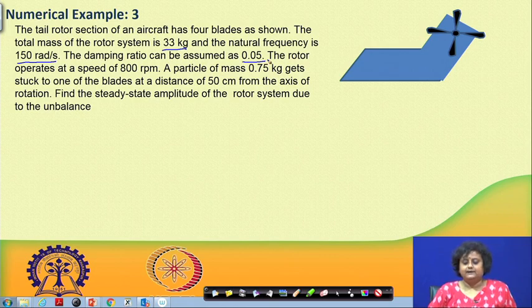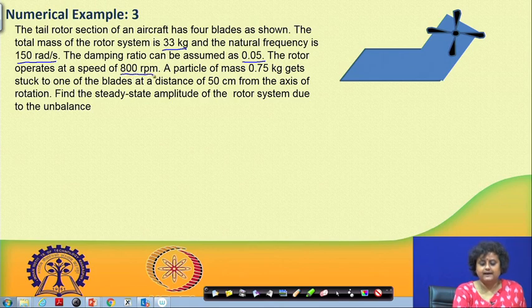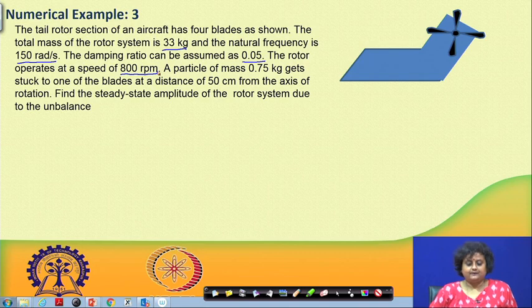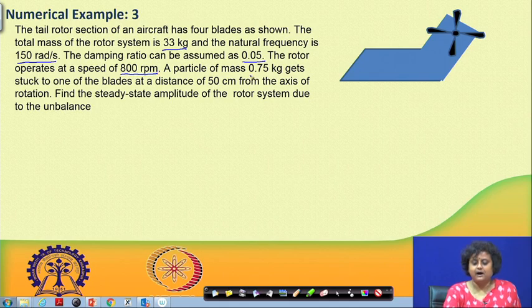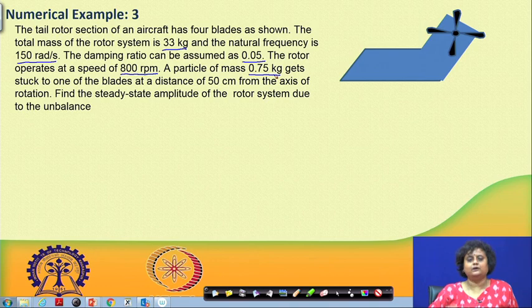Now, it is said that the rotor is rotating with an angular speed of 800 rpm. What happens while the aircraft is flying is that a foreign object of mass 0.75 kg gets stuck to one of the blades at a distance of 50 centimeter from the axis of rotation.